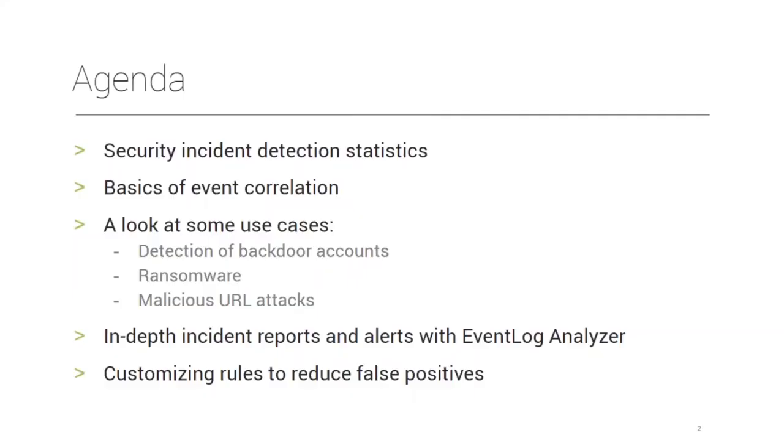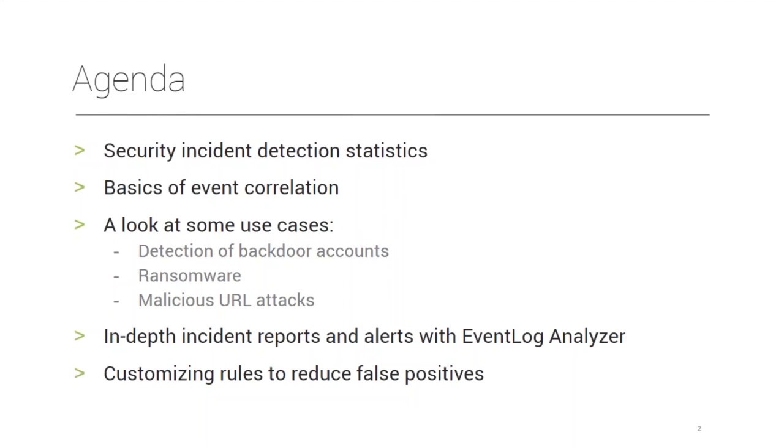So, here's the agenda for today's webinar. I'll begin by setting up some context for you. I'll provide some pertinent statistics regarding the state of incident detection today. Following that, I'll give you some of the basics of event correlation and explain how this feature works in EventLog Analyzer.